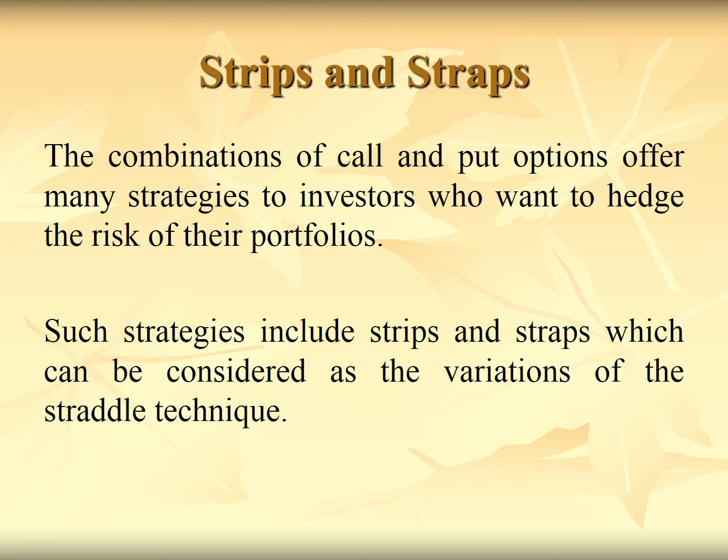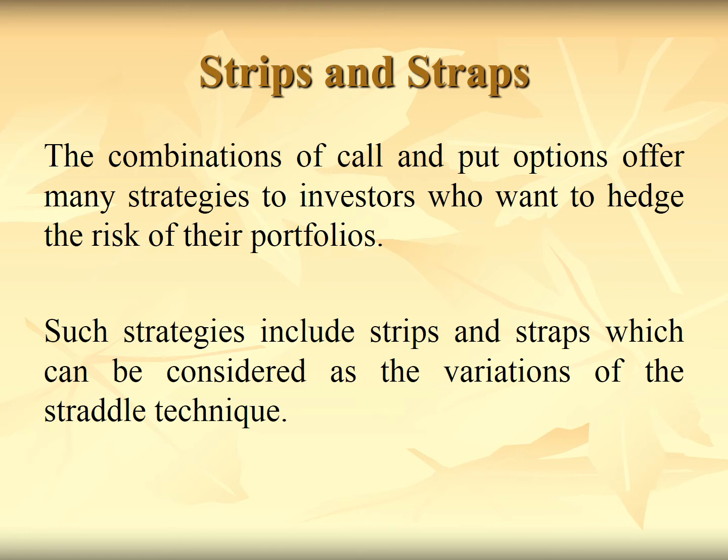In straddles also we have seen that combinations of option strategies are used, and the combinations of call and put options basically offer many strategies for the investors who want to hedge the risk of their portfolios. Such strategies made with a combination of call and put options are straddles, strips, and straps.